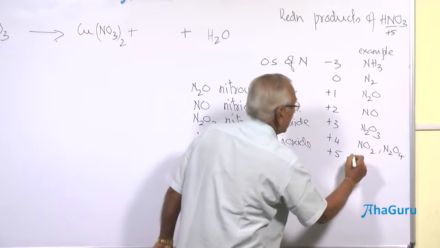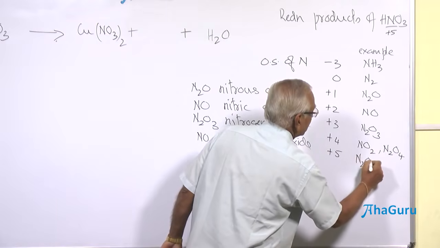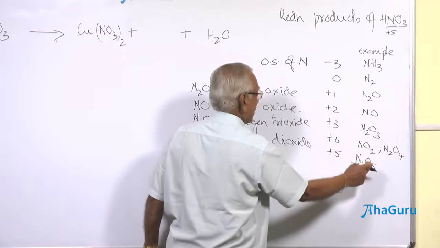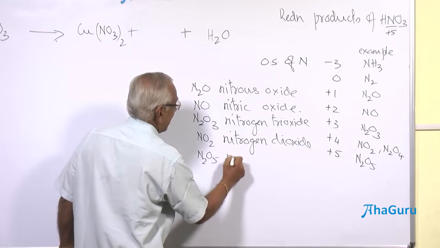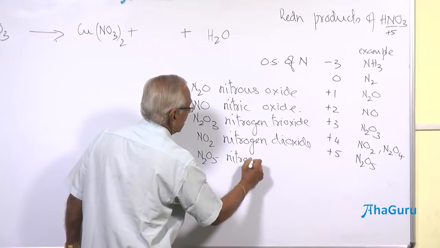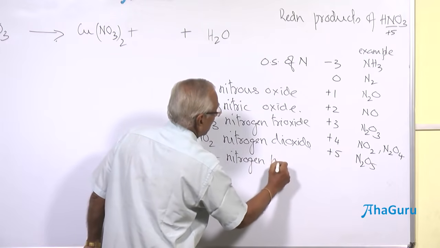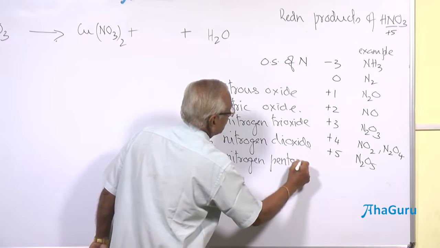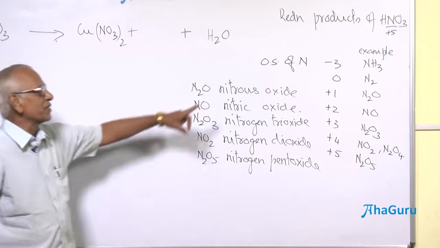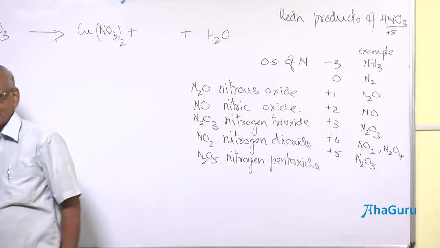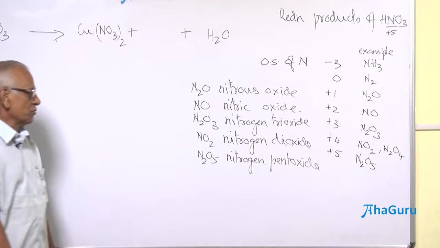And finally, N2O5, which must be nitrogen pentoxide. Good. Nitrogen pentoxide. So, these are the various compounds of nitrogen with the different oxidation states, which change from minus 3 to plus 5.